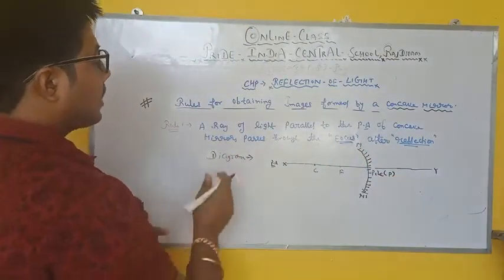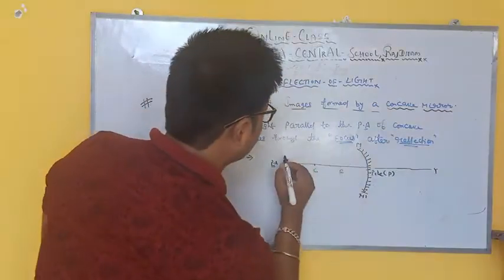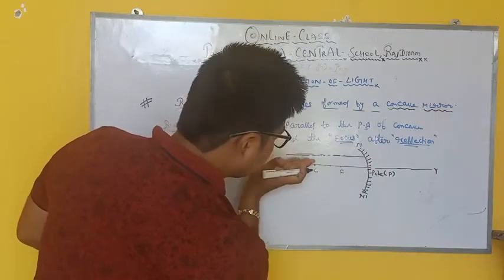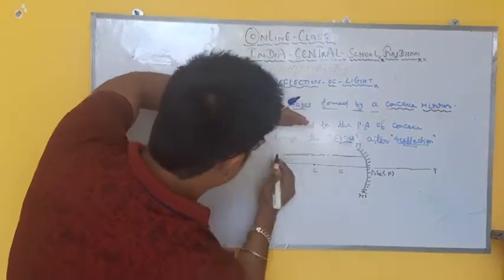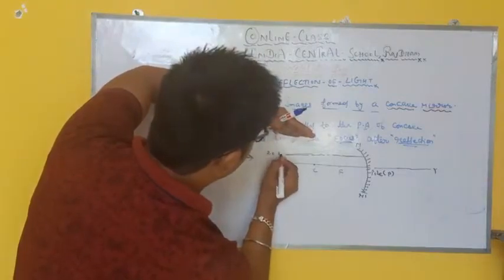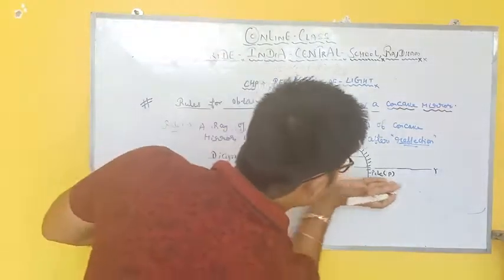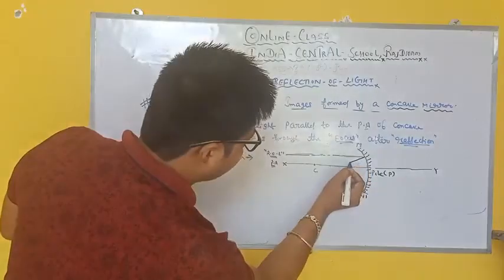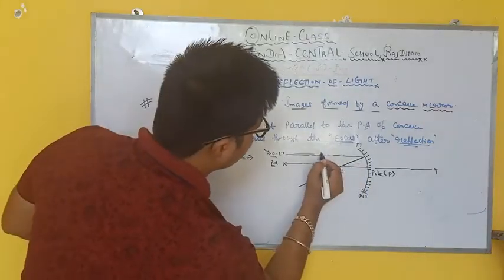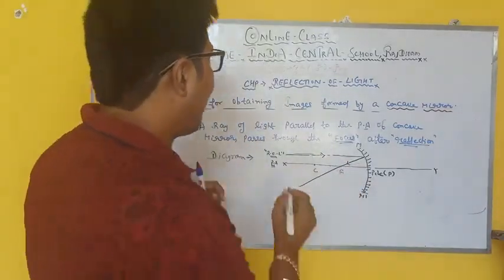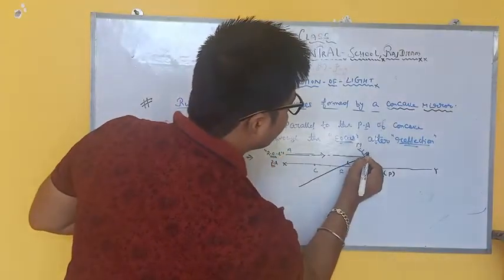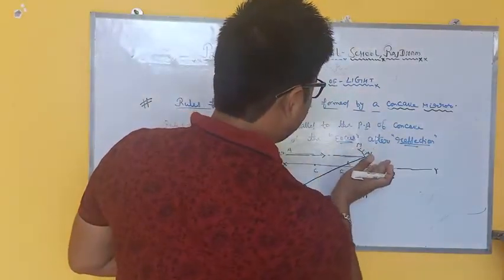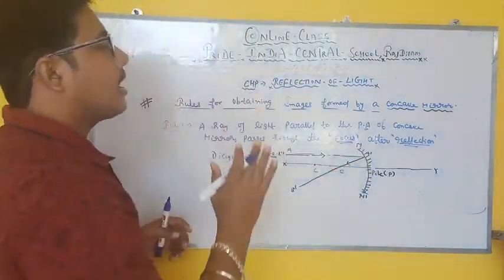So a ray of light parallel to the principal axis of a concave mirror passes through the focus after reflection.